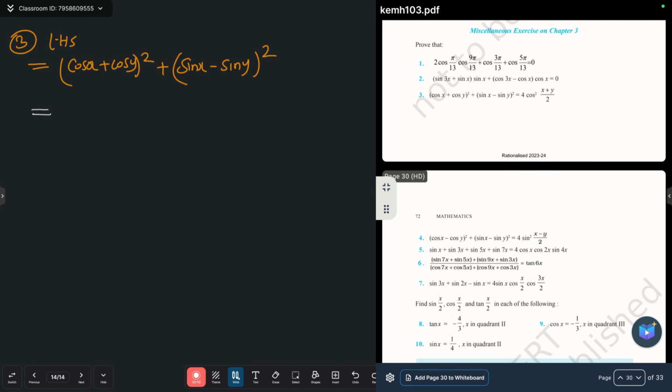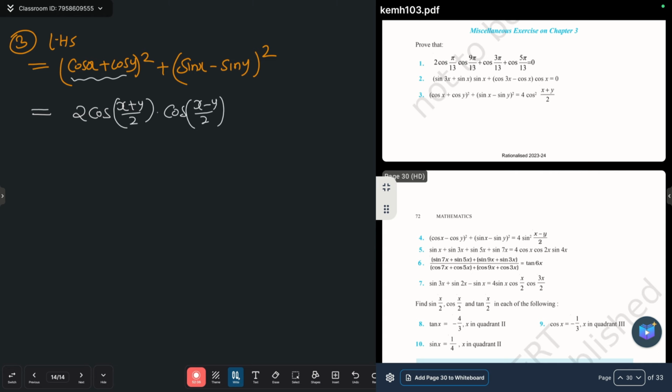See which formula is applicable? Cos c plus cos d. Good. And in the second bracket, sin c minus sin d. Without formula, you can't survive in trigonometry. Formulas are the most important. Cos c plus cos d is 2 cos c plus d by 2 into cos c minus d by 2.